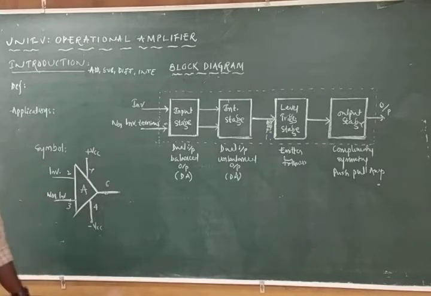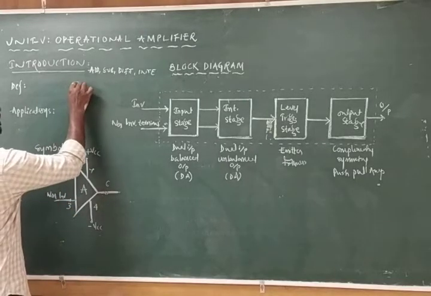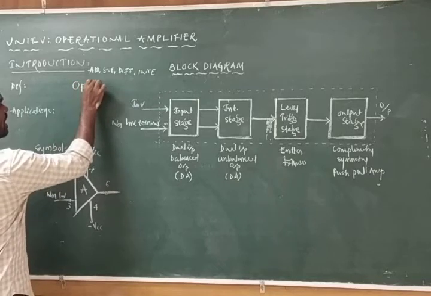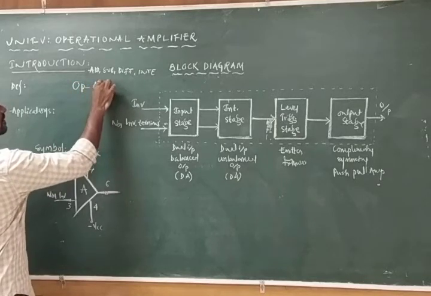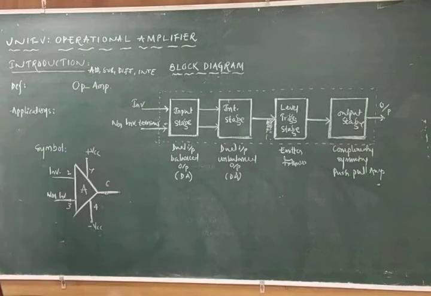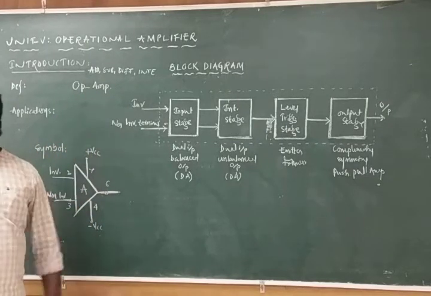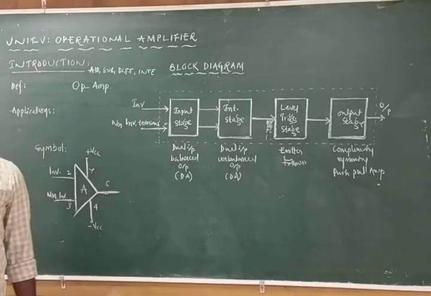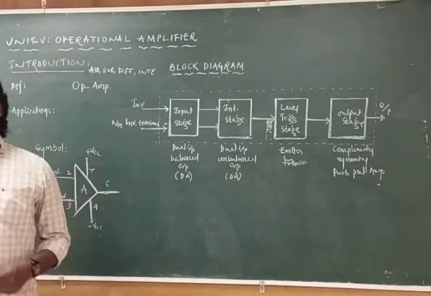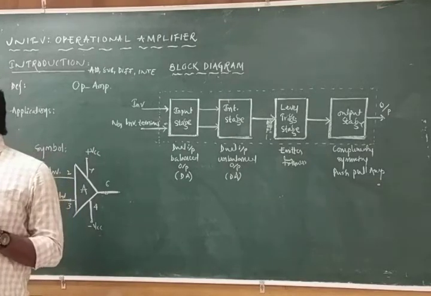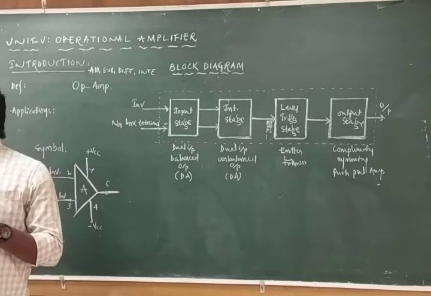In short, we can call operational amplifier as op-amp. Op stands for operational and amp stands for amplifier. It is abbreviated as op-amp, which is nothing but operational amplifier only.